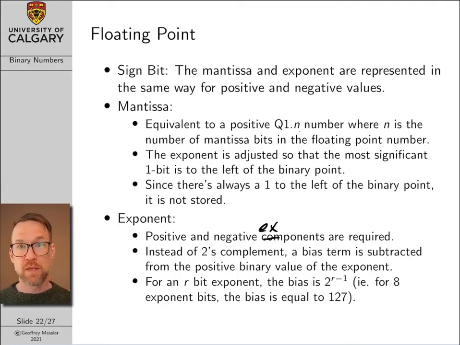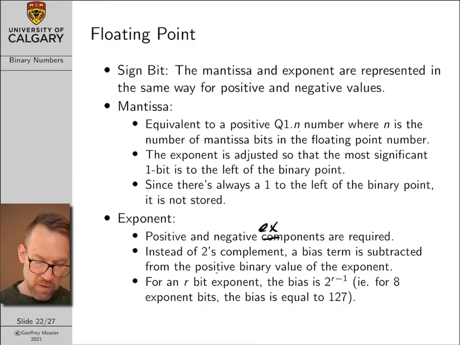When we hop the binary point to the right, we need a negative exponent. And that means we need to be able to represent positive and negative exponent values. We do not use 2's complement here either. Instead, we have a bias term that is subtracted from the positive binary values stored in the exponent.